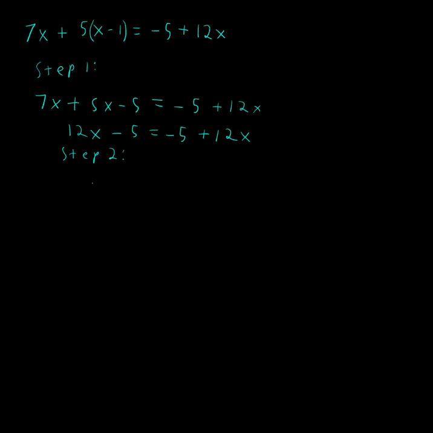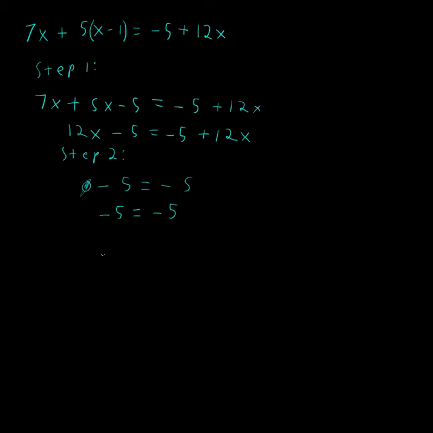And so let's remove 12x from this side, and so we would subtract 12x from both sides. So 12x minus 12x is 0, minus 5 equals negative 5, plus 12x minus 12x, 0, and really we don't need to worry about that. So we just get -5 equals -5.